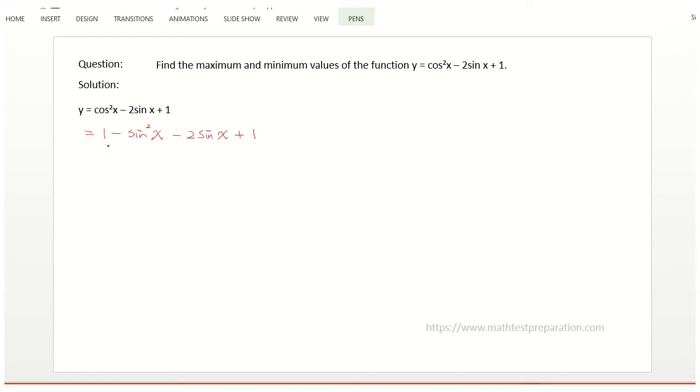Now, we combine similar terms. Here, negative sine x squared subtract 2 times sine x plus 1 plus 1 is 2.